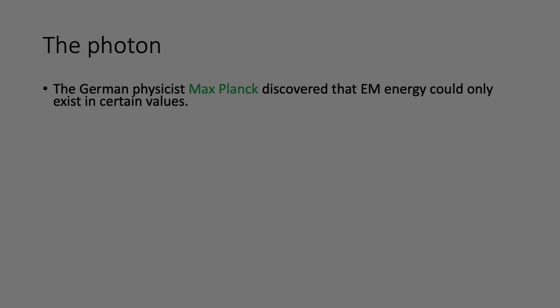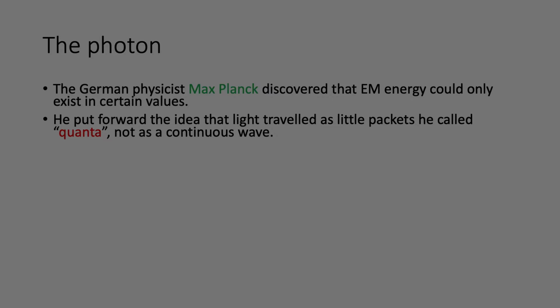So Max Planck, towards the end of the 19th century, discovered that electromagnetic energy could only exist in certain values. Unlike a wave, it doesn't have a continuously varying intensity. The energy comes in steps, and those steps or packets he referred to as quanta.